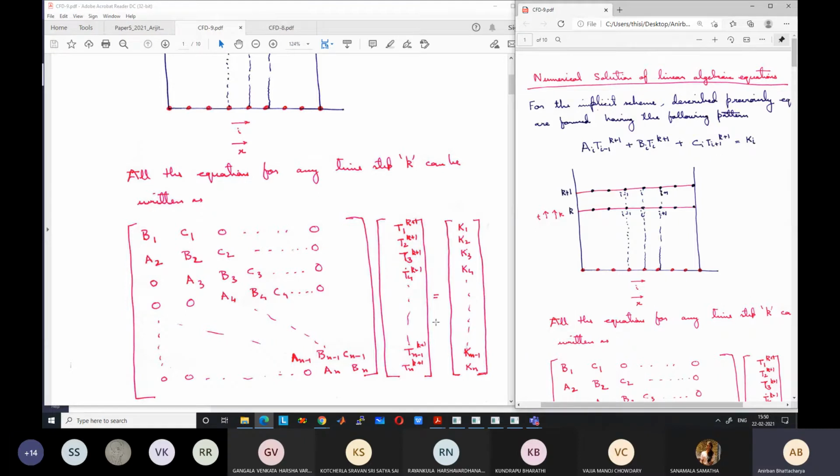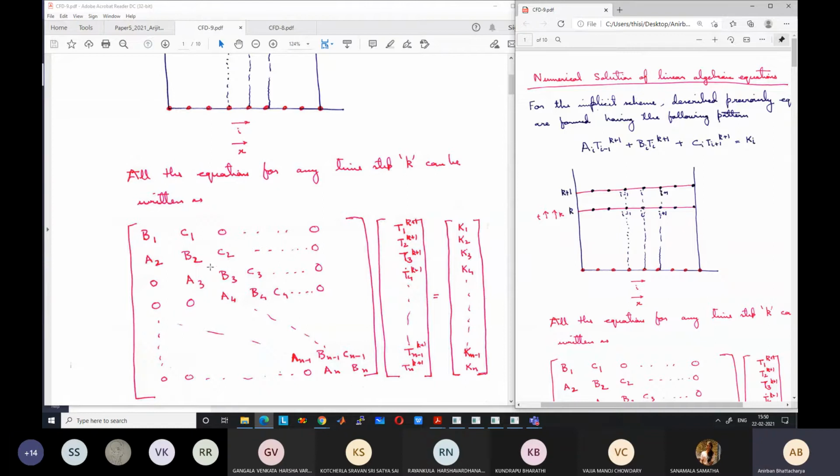And for the last grid point, I can write An T(n-1) k plus 1 plus Bn Tn k plus 1 plus Cn T(n+1) k plus 1. What will be the value of Cn? 0, because there is no T(n+1) term. So Cn is 0. There is no Cn in the equation.